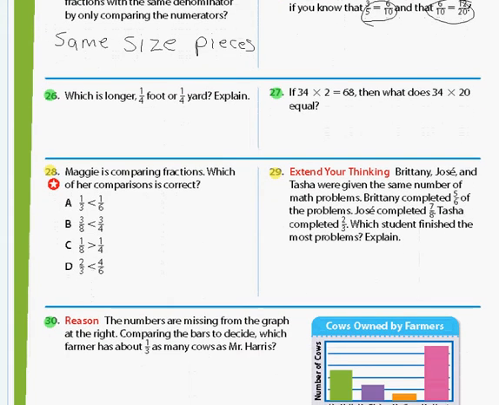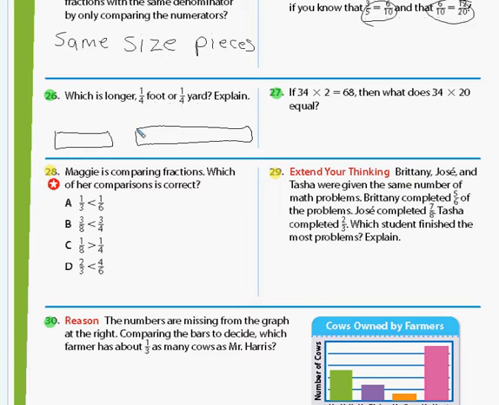Problem number 26. Which is larger, 1/4 foot or 1/4 of a yard? And explain. Say that's a foot right there, and we know a yard is actually 3 feet.